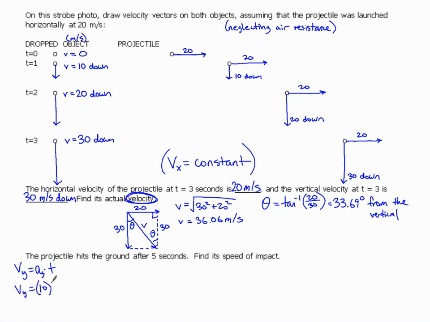Acceleration of gravity is 10, the time is 5, so we're looking at 50 meters per second. So 50 meters per second down, 20 meters per second horizontally.